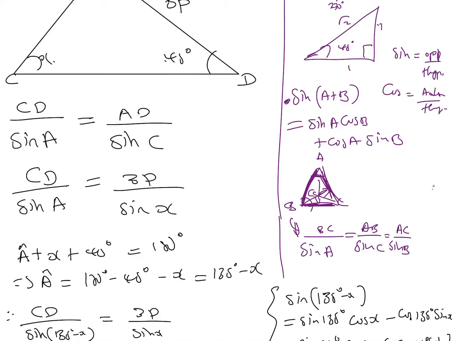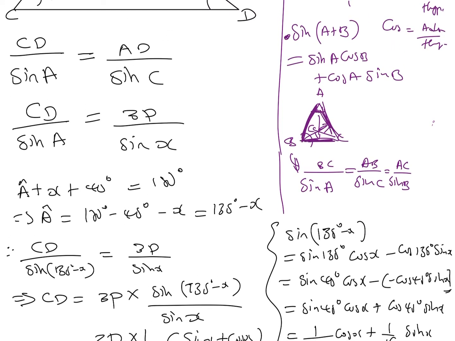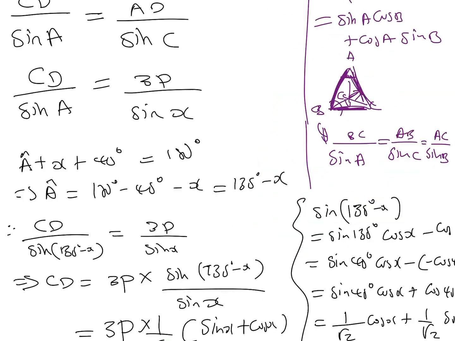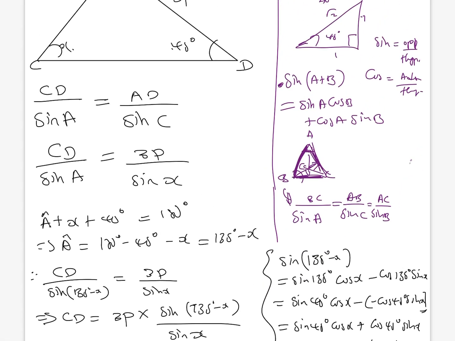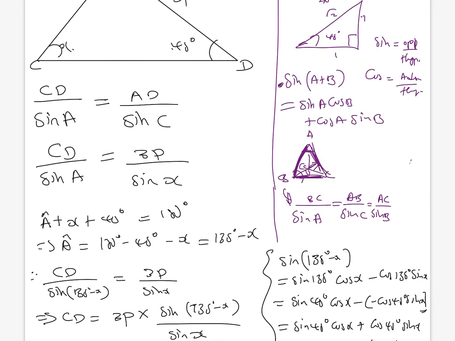So we can write this like that. This is going to be 1 over root 2 times (sine x plus cos x), divided by sine x. And this can be written as 3p times (sine x plus cos x) divided by square root of 2 sine x. That's basically your answer, and that is what you are asked to prove. If you have a question on this, let me know.